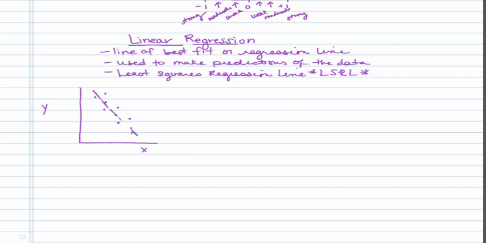And this line of best fit, or LSRL, least squares regression line, is your predicted value.